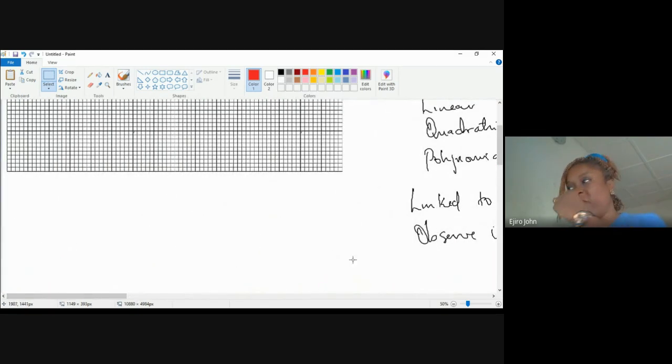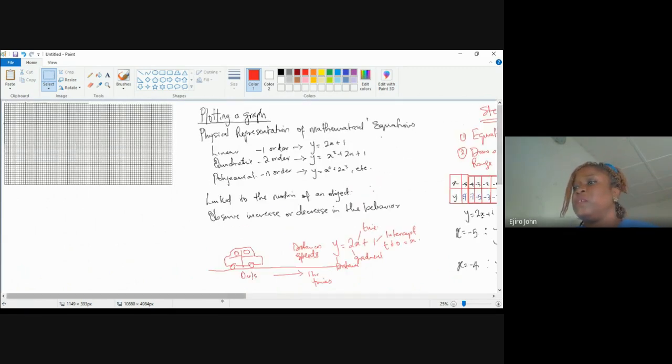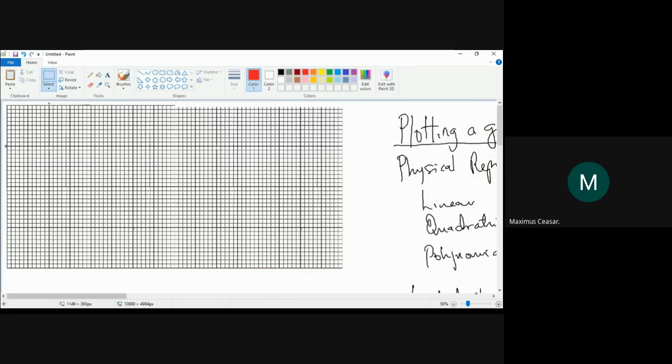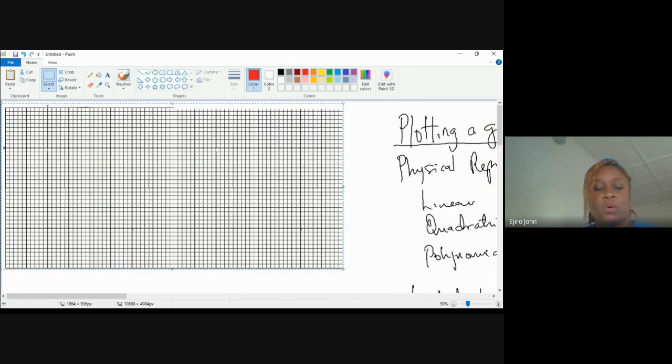So this is our graph. Can we all see this? I'm sure we can all see it. Okay, thank you. So this is our graph, but I can see that this graph is not wide enough. Let me see if I can increase it. Oh, undo.